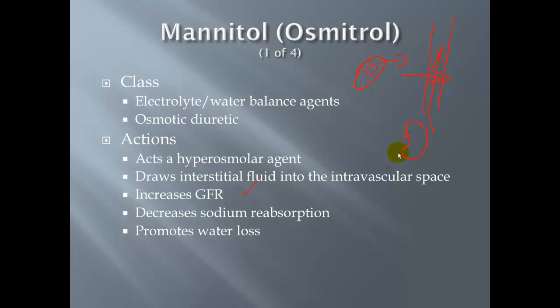The kidneys' glomerular filtration rate, or their urine production, will increase, and you will pee more water out. Now, what this does for us as far as a head injury patient is, by dehydrating the cell, it shrinks it, thereby reducing intracranial pressure.